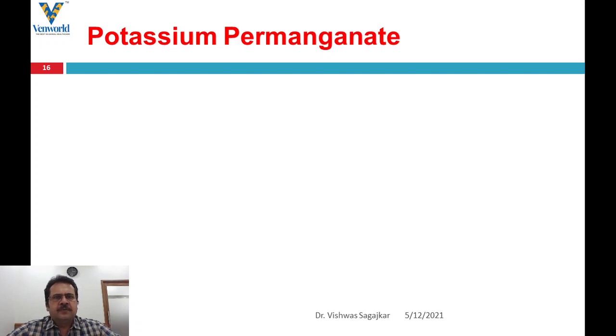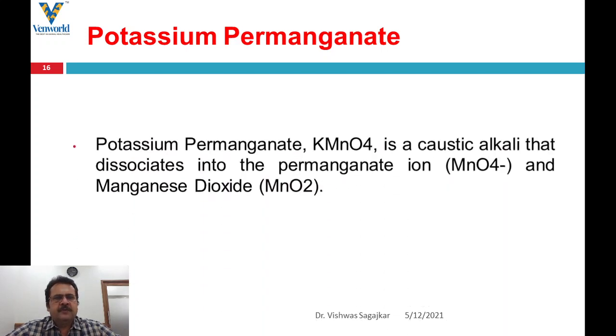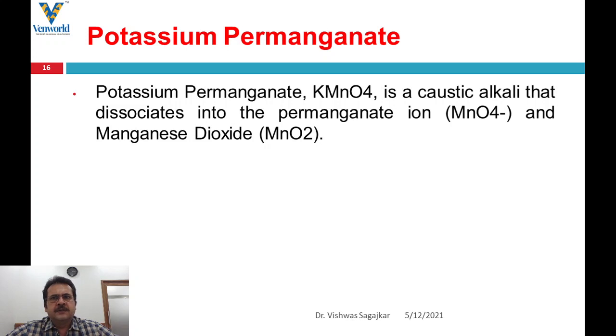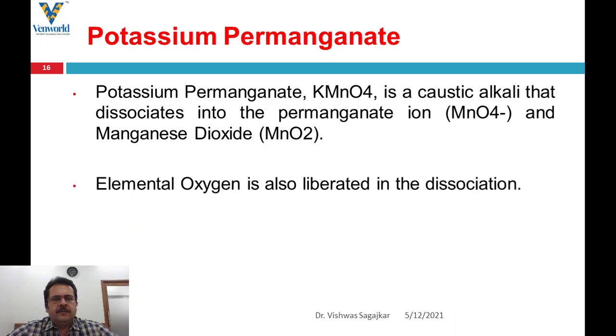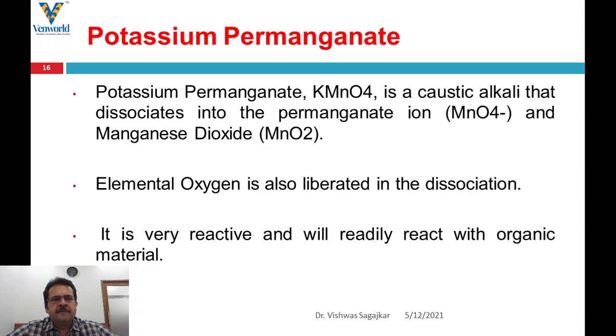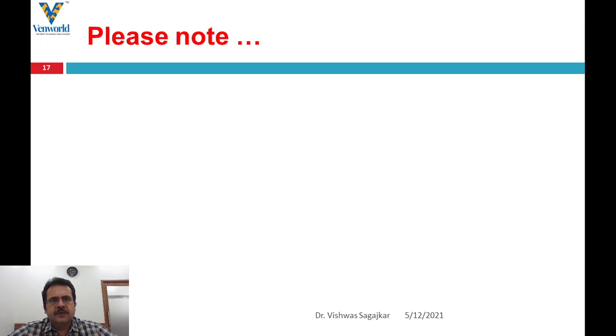We'll come to potassium permanganate now. Potassium permanganate is a caustic alkali that dissociates into permanganate ion and manganese dioxide, and elemental oxygen is also liberated in the dissociation. After dissociation, it is very reactive and will readily react with organic material that comes in contact with it.